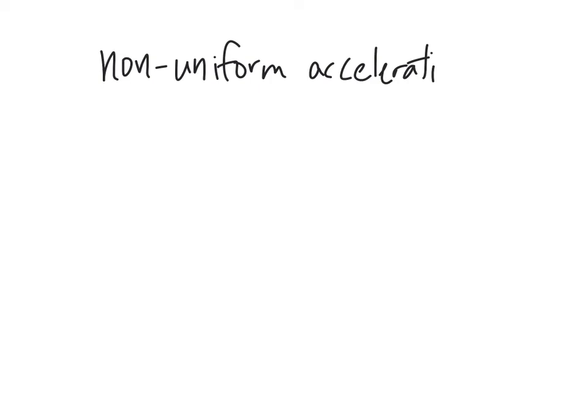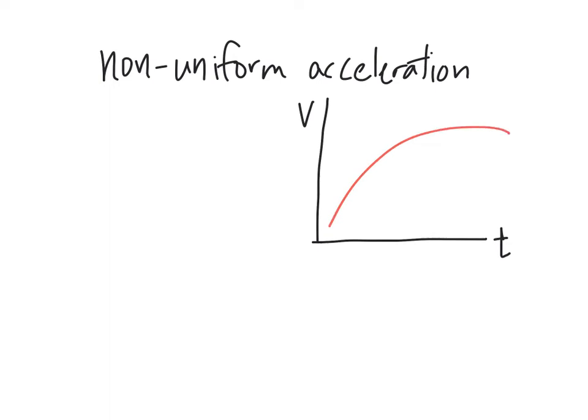So what happens if we have a non-uniform or non-constant acceleration? What happens if our forces are not constant values of force? If we don't just have a formula that always works for a particular situation? Well, first of all, our velocity graph would no longer be a straight line, not a horizontal line, not a diagonal line. It would be some sort of a curve.